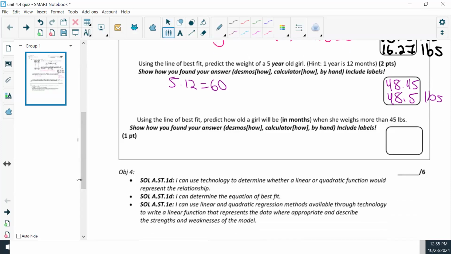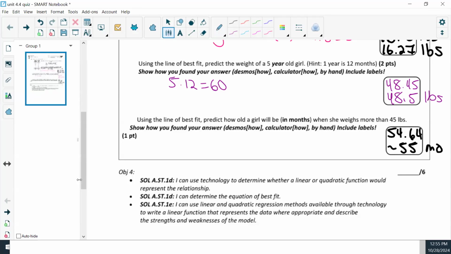And then it also depends on what number you use. So if you use 45.5, that's gonna give you a different number than 45.1. And that last one was looking for months, so if you put pounds, you put the wrong label.